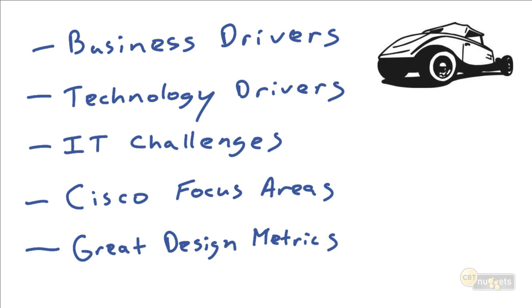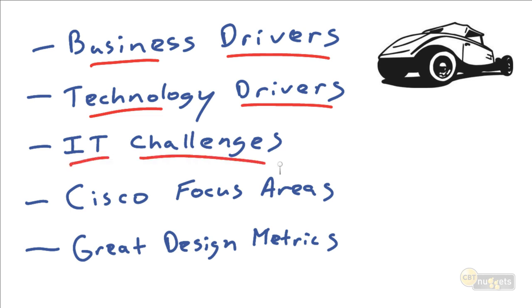So in this nugget on the CCDA series, we really took a look at trends that are really driving our network designs today. We talked about business drivers, things like the importance of a return on investment or governmental regulations. We talked about technology drivers, things like borderless networking and virtualization. We visited painfully the challenges that IT departments face, like shrinking budgets and a lack of expertise, and how we kind of silo the IT department and it's tough to get people to work together.